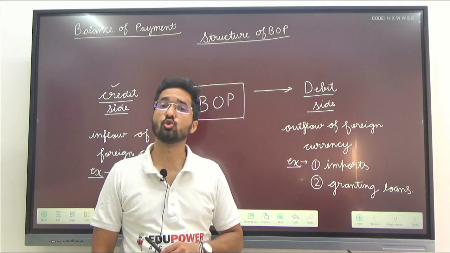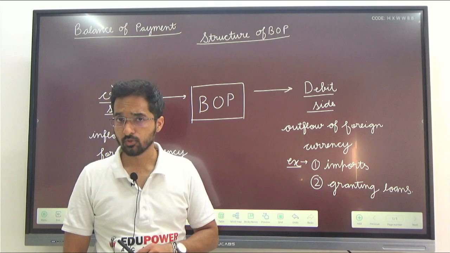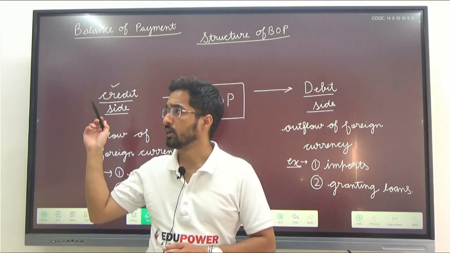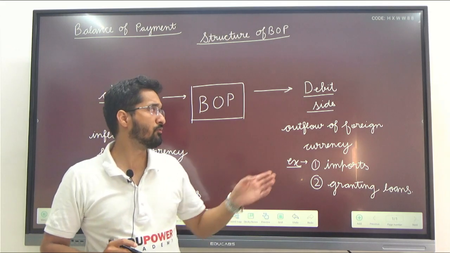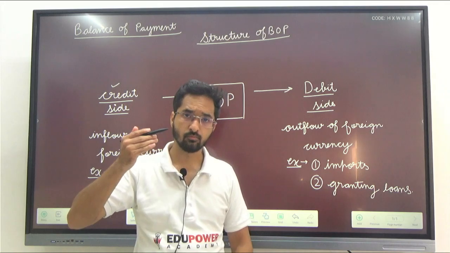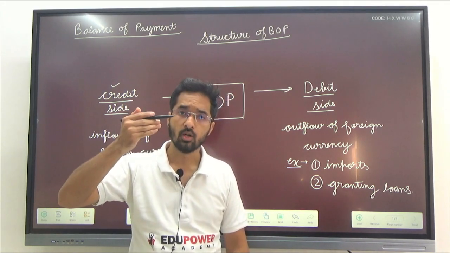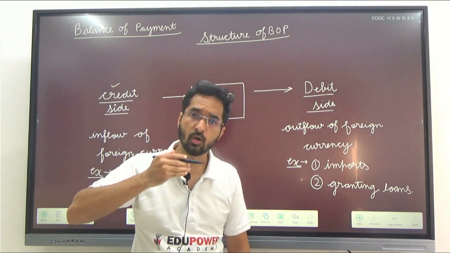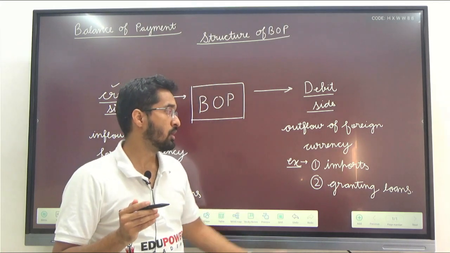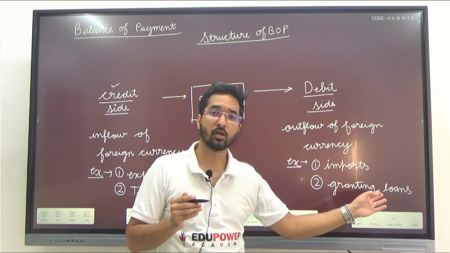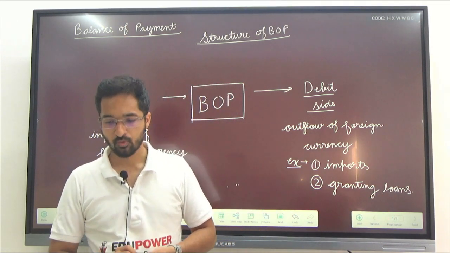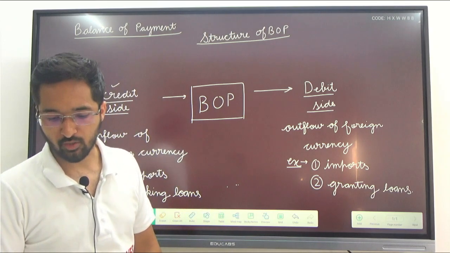India grants a loan to Pakistan, suppose. So it will be recorded on which side of the BOP? Credit side or debit side? It will be recorded on the debit side because money has flown out, right? Pakistani rupee has flown out. We have given money to Pakistan. So if we have granted a loan to another country, it will be recorded on the debit side of the balance of payment. So this was the basic structure of balance of payment.